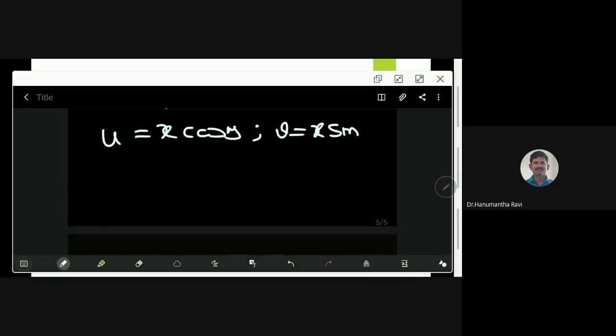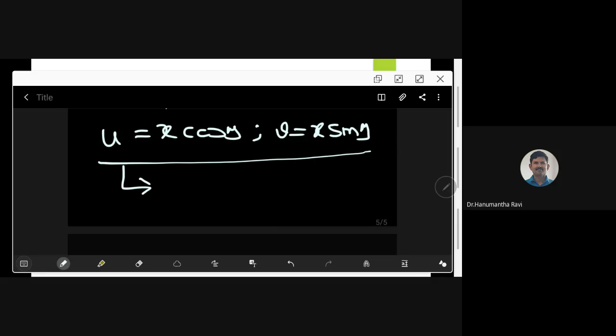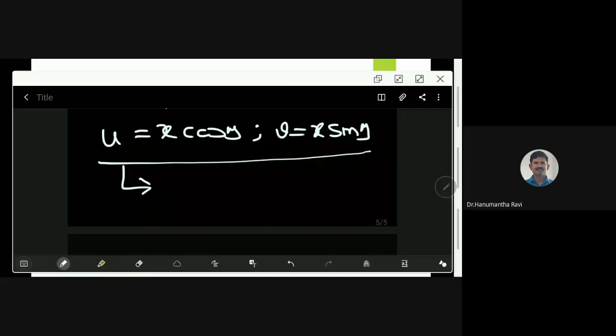From these two, we can get tan y equal to v by u. That is one thing we can get. Further, you also see that u squared plus v squared is equal to x squared. So you can say that x squared is equal to u squared plus v squared.